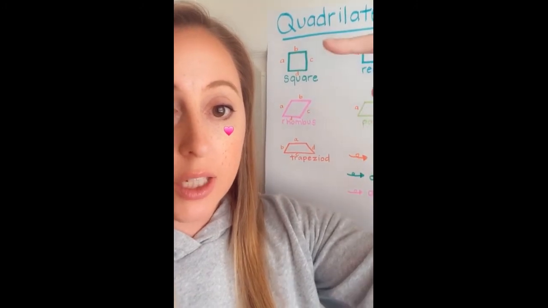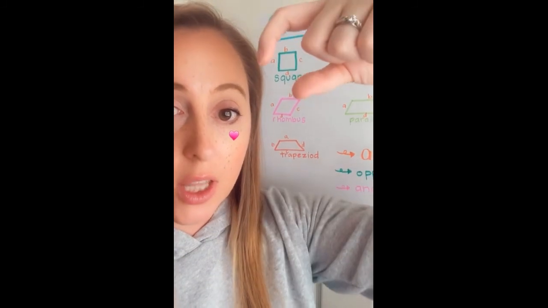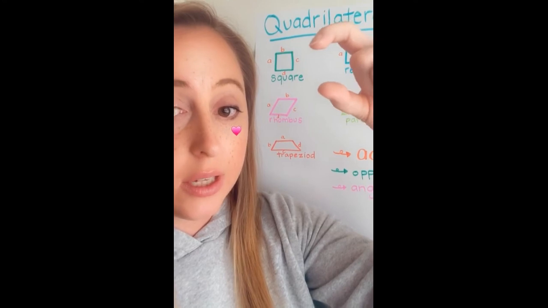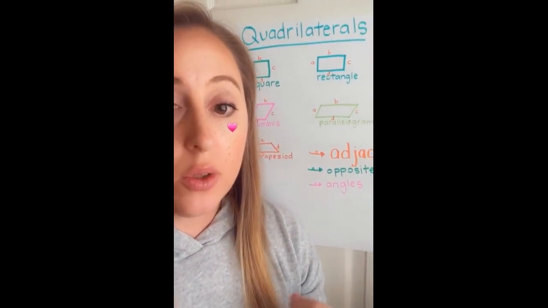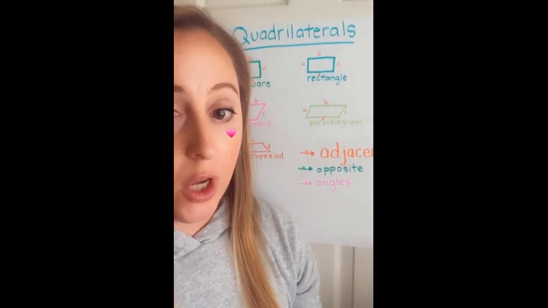If I tilted the square on its side, if I tilted this exact picture on its side, it would be labeled as a rhombus and as a square. So just pay attention to the rules that we talked about, and you will do a wonderful job.